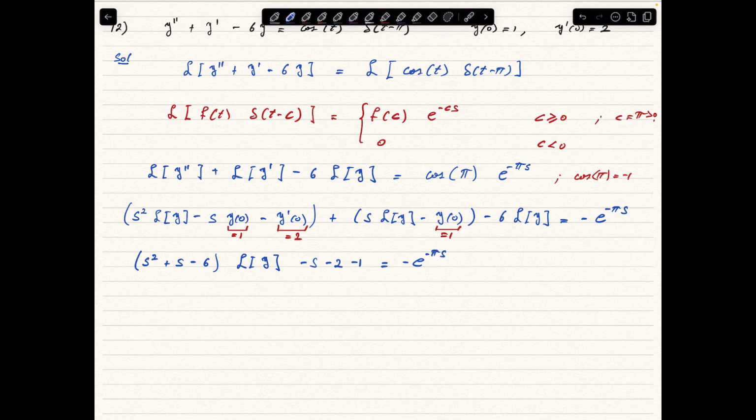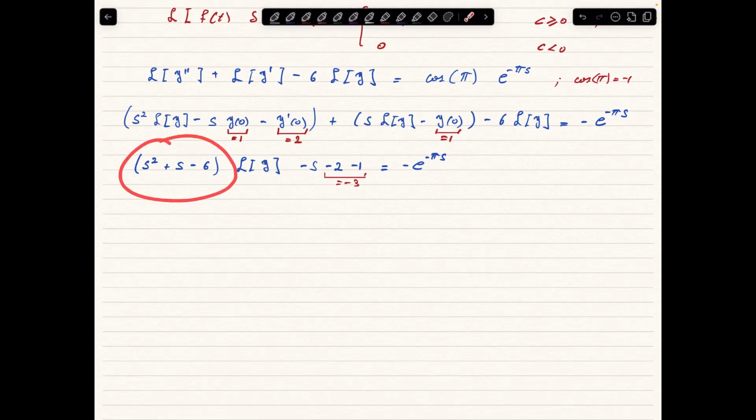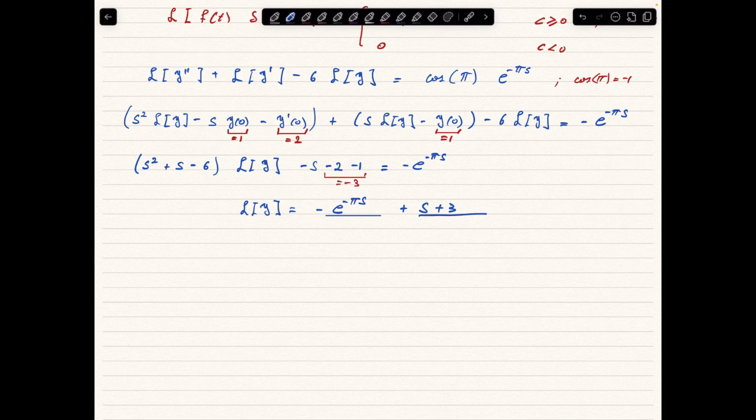So when we move everything to the other side, now we can move these terms to the other side. Of course, what we have here is minus 3. So it's going to be plus 3 on the other side, and then we divide everything by the polynomial here. So in one line we can solve for y. And this is going to be negative exponential minus pi s over, so plus s plus 3, and then both terms I'm going to divide by the same denominator.